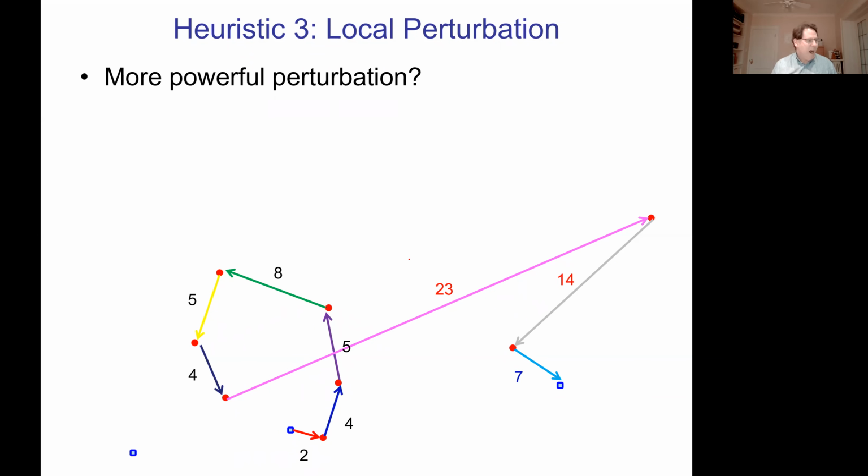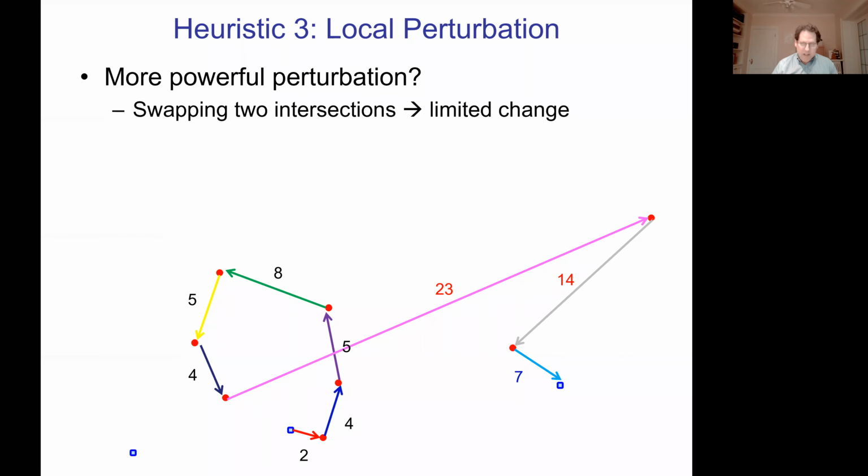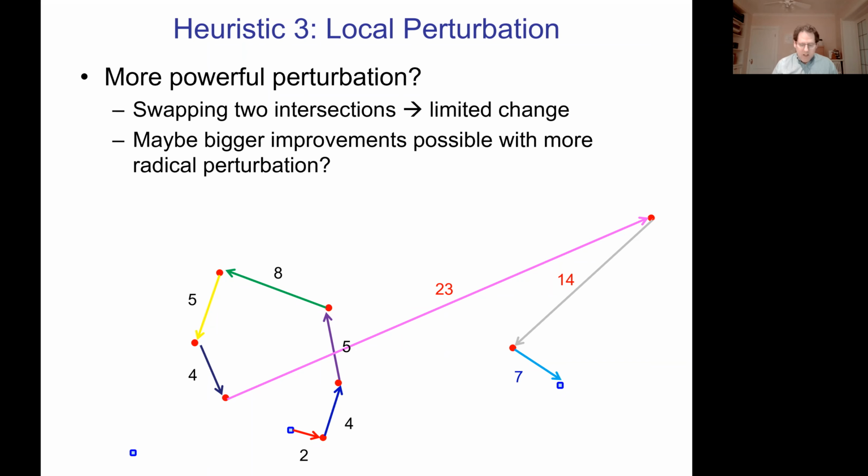We can also try more powerful perturbations. What I did there was just swap the order of two deliveries. That can be helpful, but it changes our solution in only a fairly limited way. Maybe there are bigger improvements possible if we make a more radical perturbation.